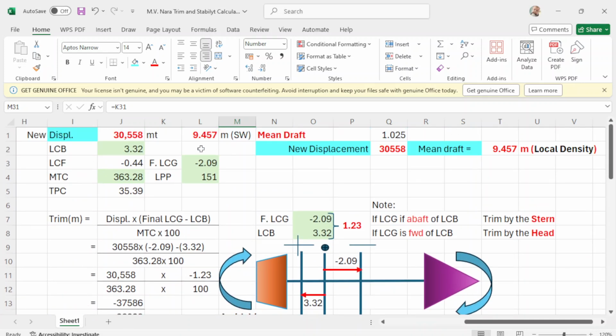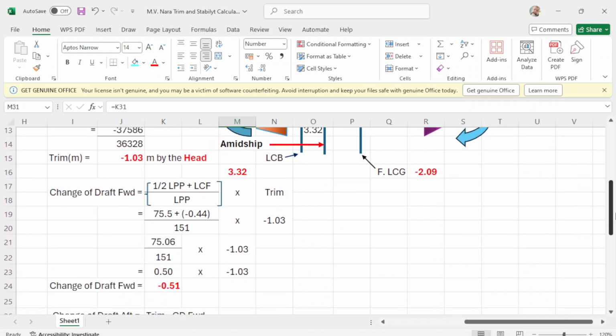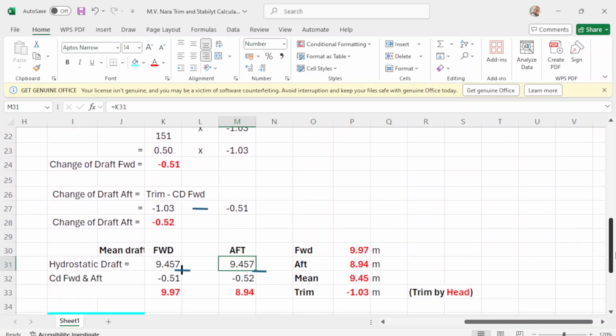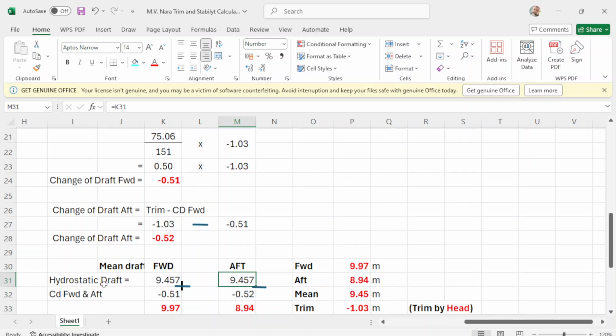This one, 9.457. Okay. Then you apply now your change of drop. Your change of drop forward, which is negative 0.51, and up is negative 0.52.